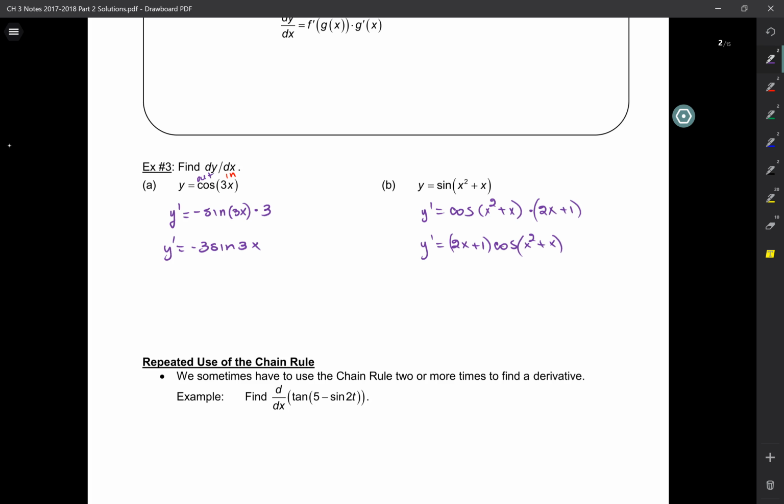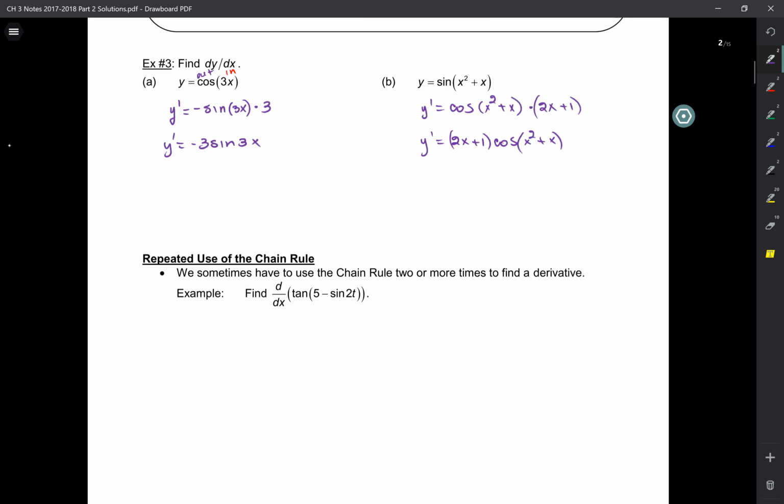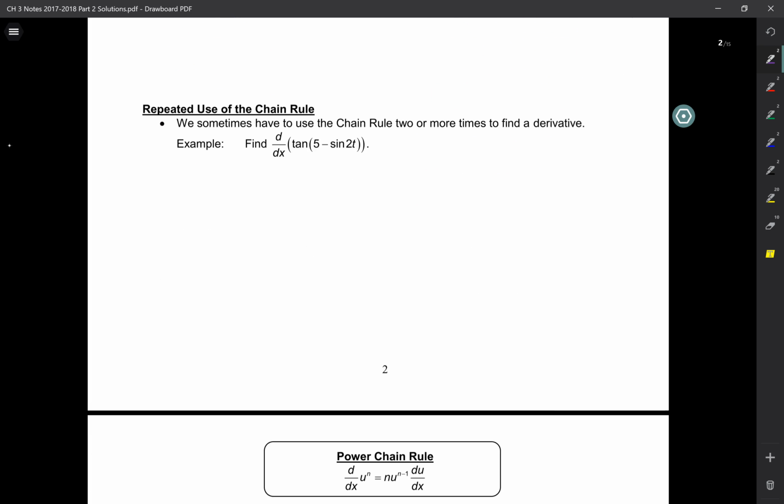Okay. Next. So let's do the next one. What if you have to do the chain rule more than once in one problem? Oh my. So what if it's not f of g of x? What if it's f of g of h of x? Okay?